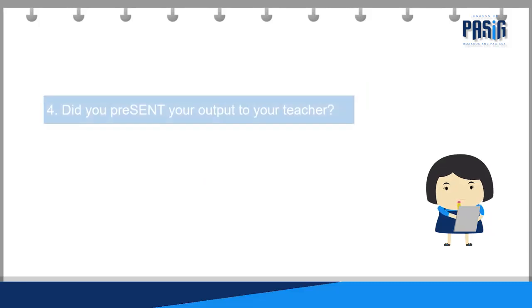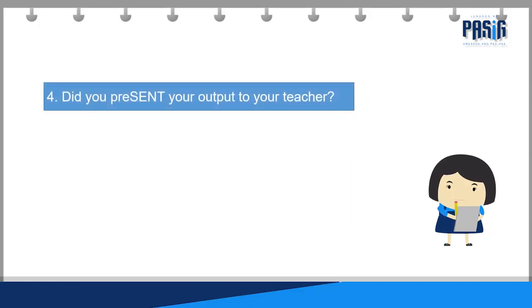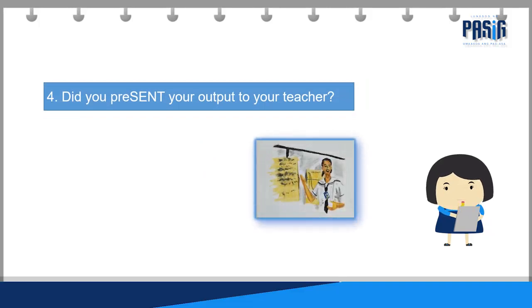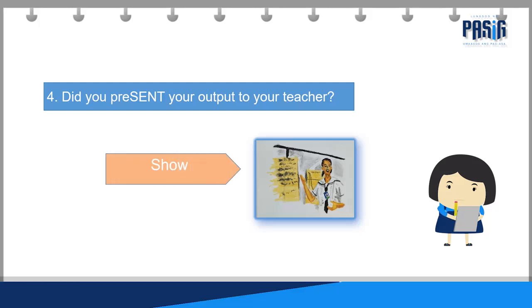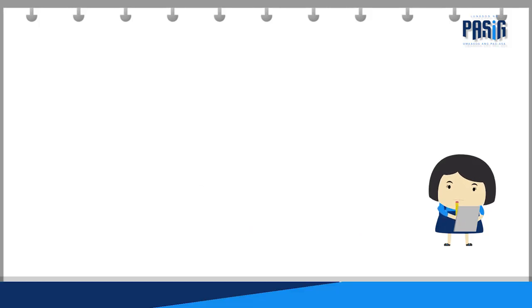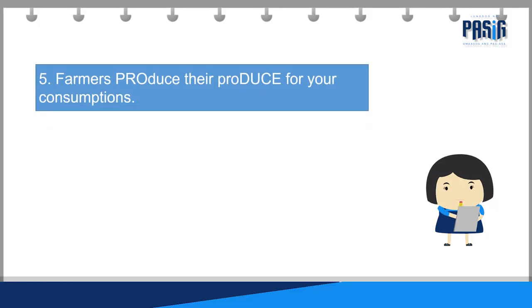Number 4. Did you present your output to your teacher? If your answer is to show, you are correct. Present means to show. Number 5. Farmers produce their produce for your consumption.